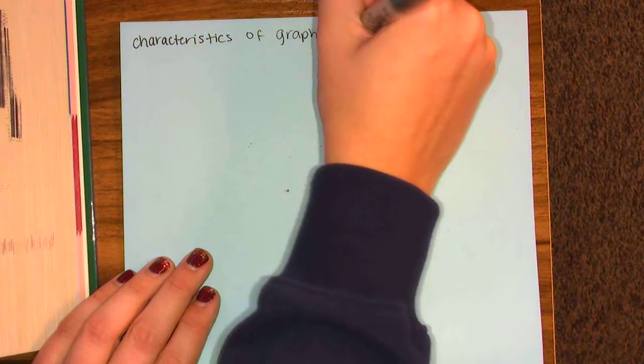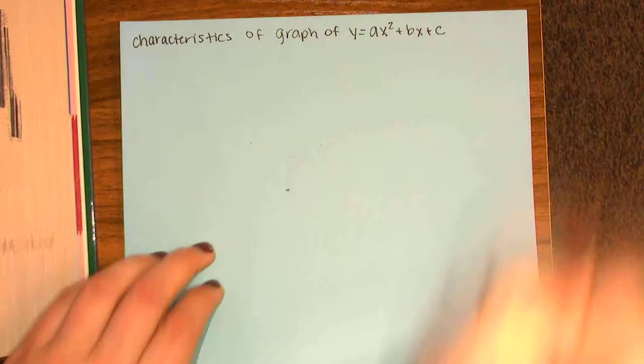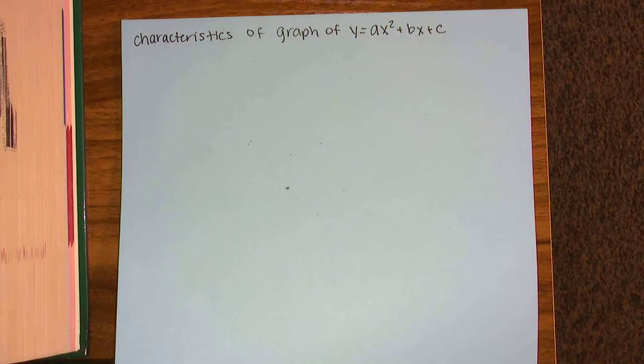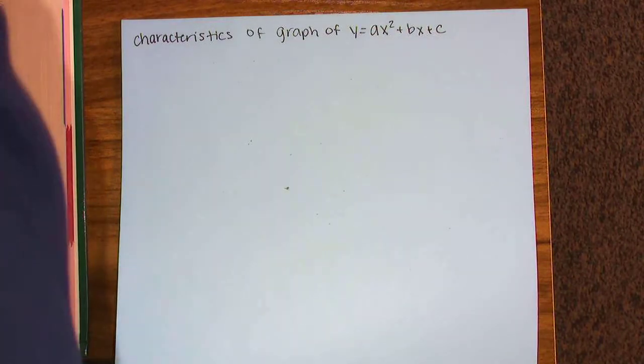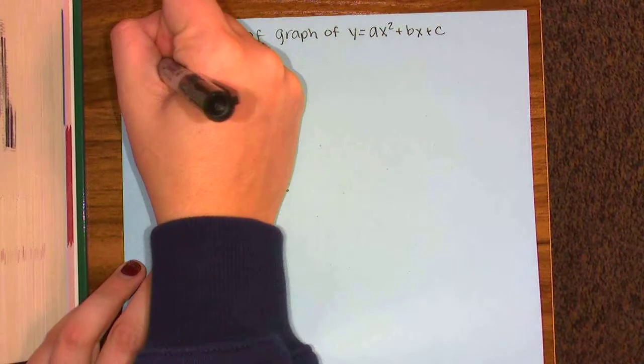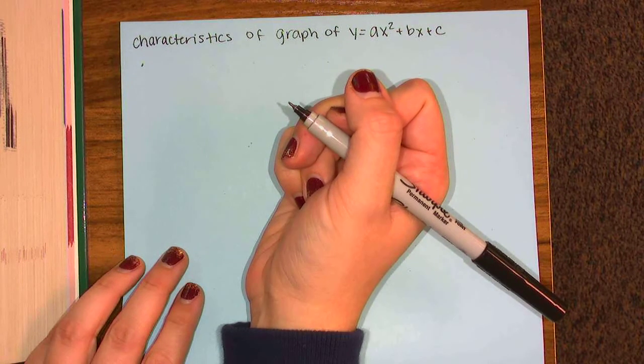Alright, so characteristics of the graph of y = ax² + bx + c. There's 4 points.